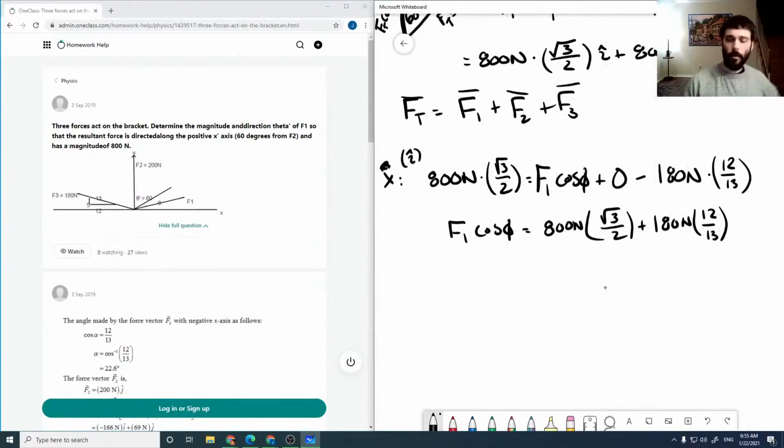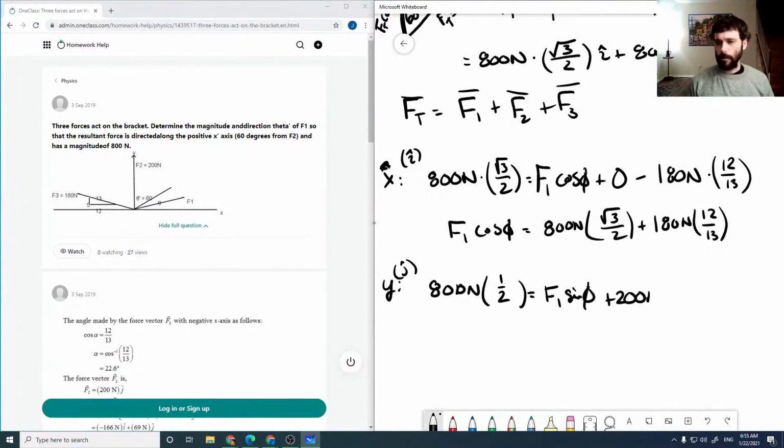Now in the y direction, or the j hat direction, we have 800 newtons times a half is equal to F1 sine phi plus 200 newtons. And so that's the F2 component, and then the F3 component is 180 times 5 over 13.